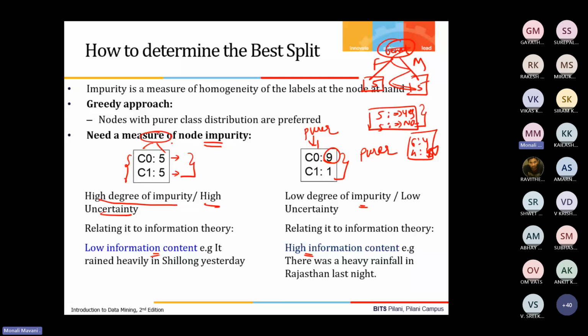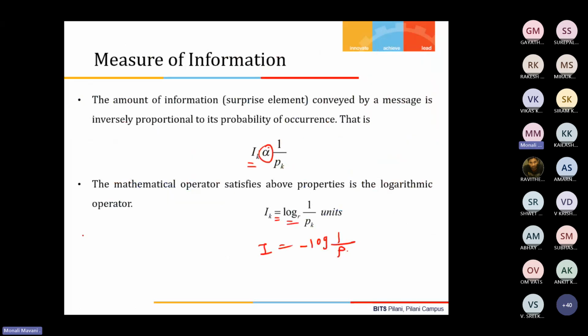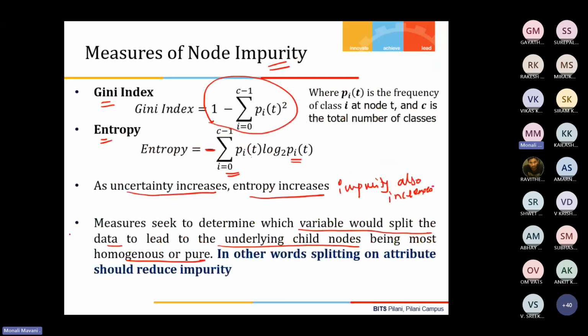So I want to choose an attribute by splitting examples on that attribute so that I get the purer node. In other words, splitting on an attribute, that is splitting on a feature, should reduce the impurity, should reduce the entropy value.